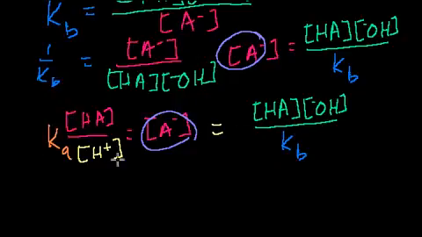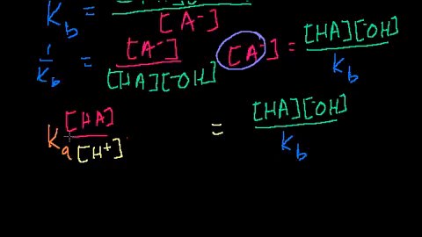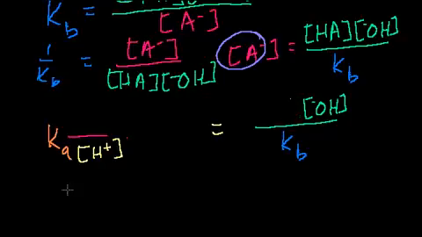So we could say that they both equal the concentration of A minus. We can divide both sides by HA, so this over here will cancel with this over here. And we're getting pretty close to a neat relationship.